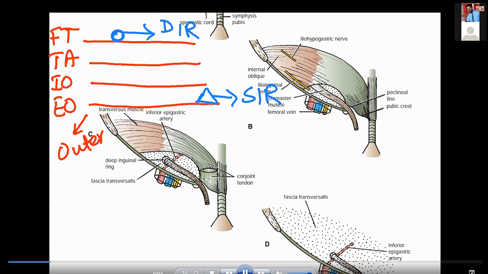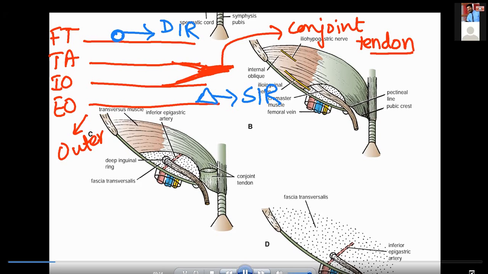Now, one more point which I explain here: these fibers are also joining together like this, and now they are forming one tendon known as the conjoint tendon. So you have to remember these points. Deep inguinal ring, defect in fascia transversalis.